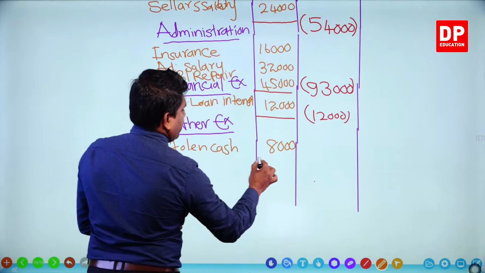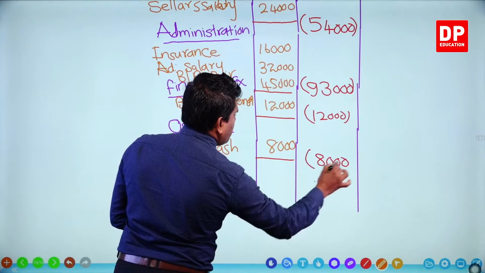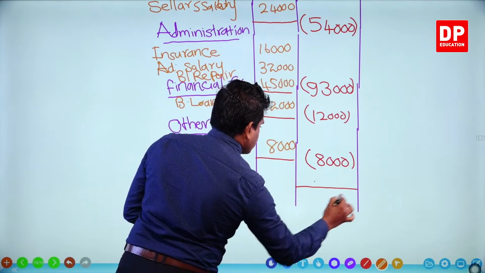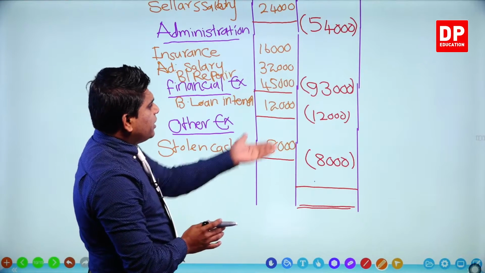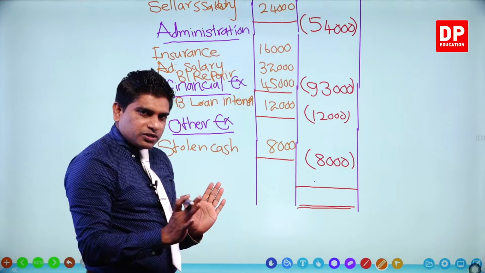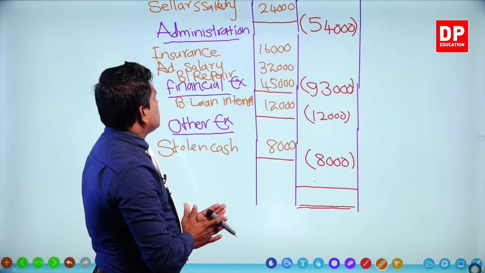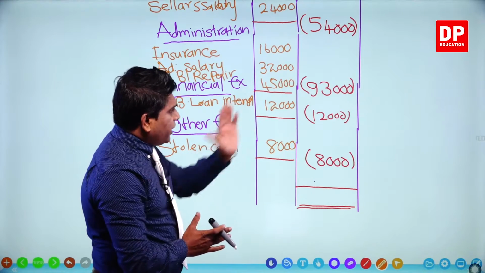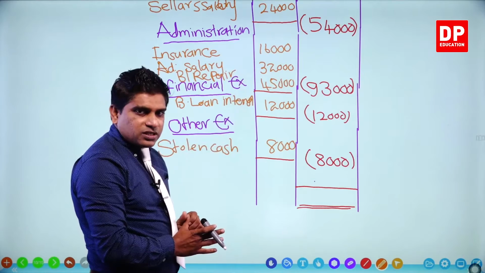We bring to the next column, right? Now you can see the total expenses, right? Total expenses here 12,000, 8,000, how much? 20,000, right? Then 20,000 plus 93,000 and 54,000. These are the total expenses, right?